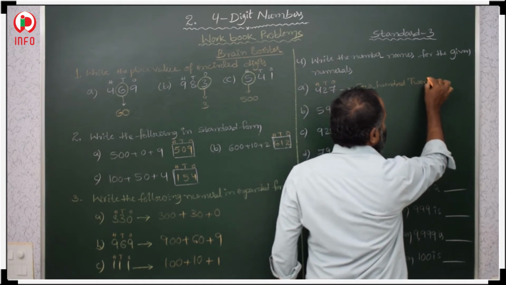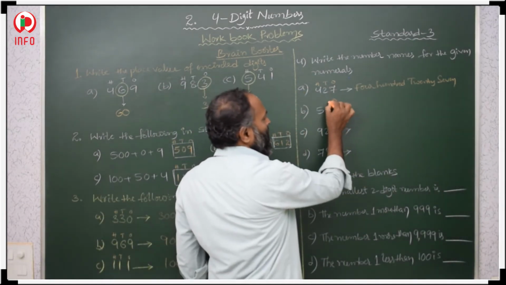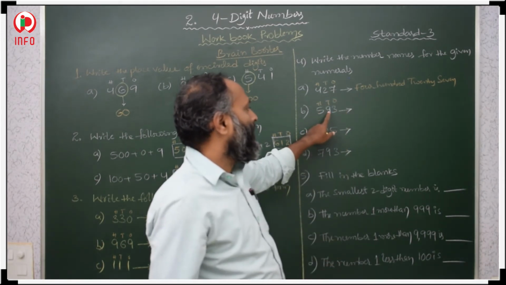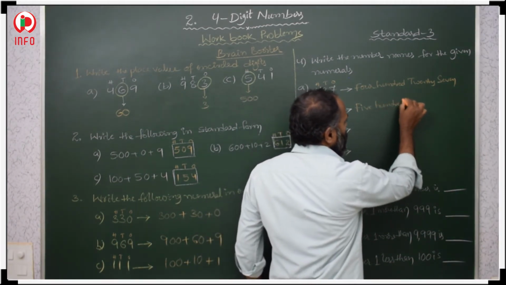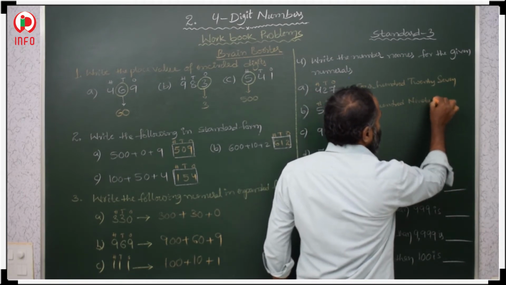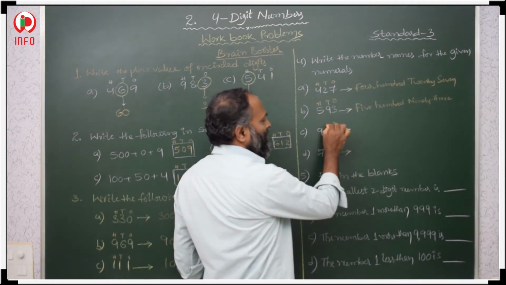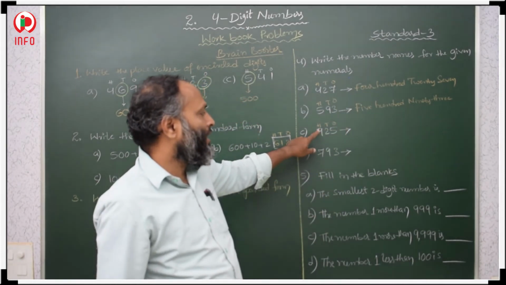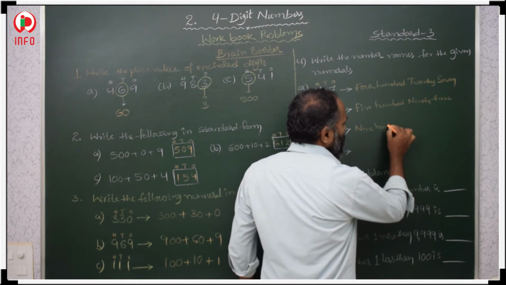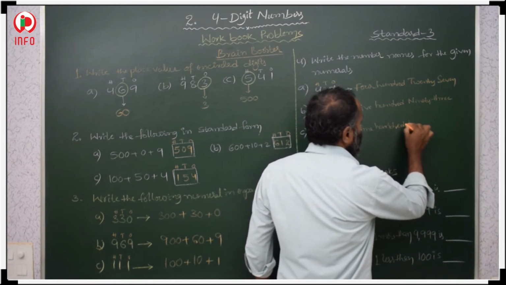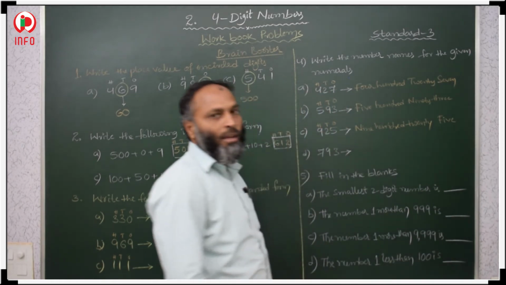Ones, tens, hundreds. 593. 9 is in the hundreds place. 925.